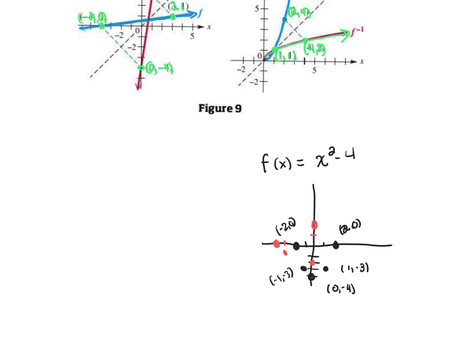And (1, negative 3) becomes (negative 3, positive 1). And then there's my inverse. There's the original as well. Which is the same thing as reflecting across the line y equals x, because the y's become the x's and the x's become the y's.